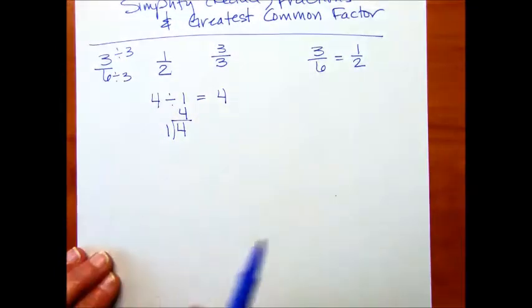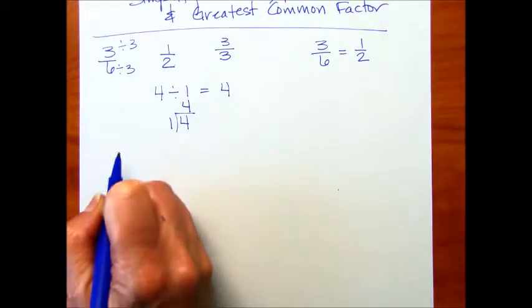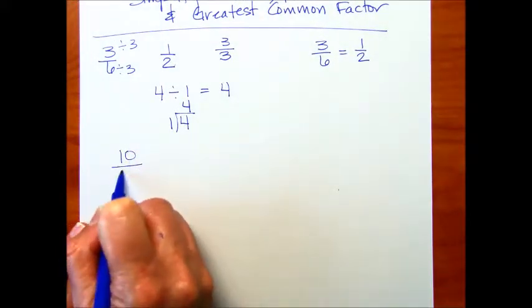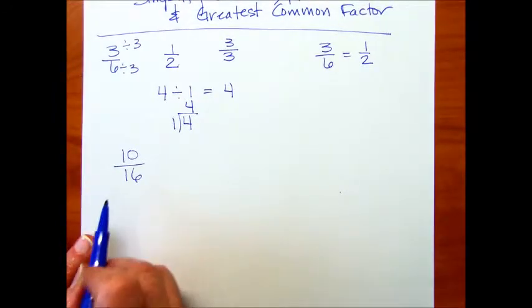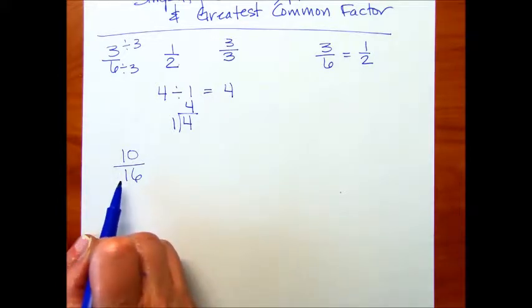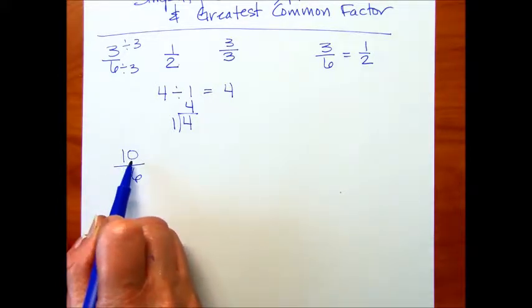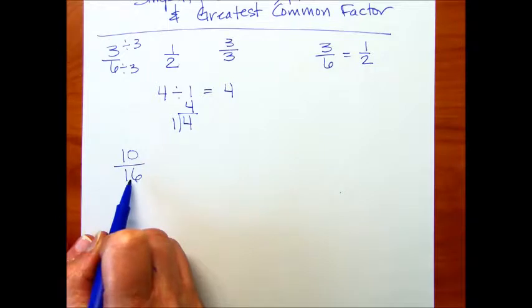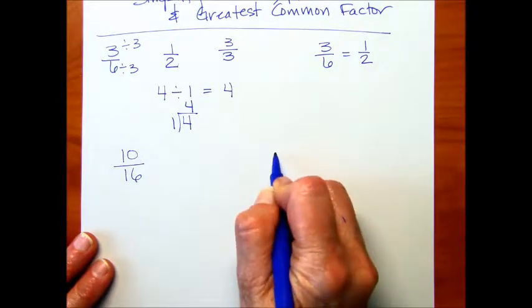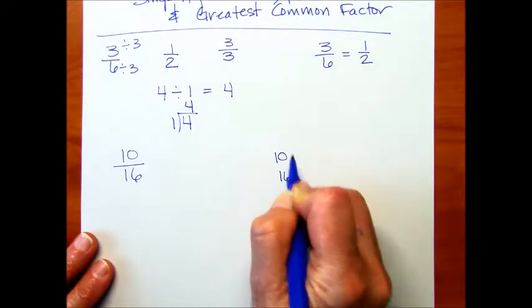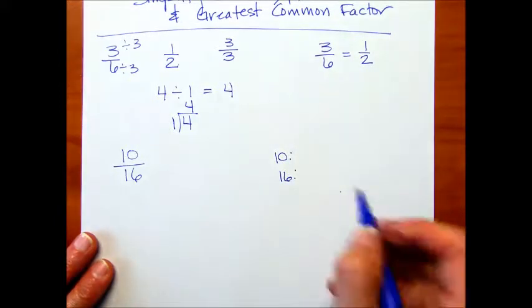So let's go ahead and do some more examples. Let's say we have 10/16, and we want to reduce this to lowest terms. Now, what we might want to do is consider the factors that 10 and 16 have, and pick a factor that they both share. Off to the side, you can list your factors, and that might be helpful.